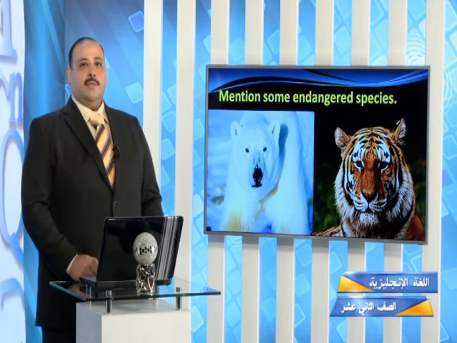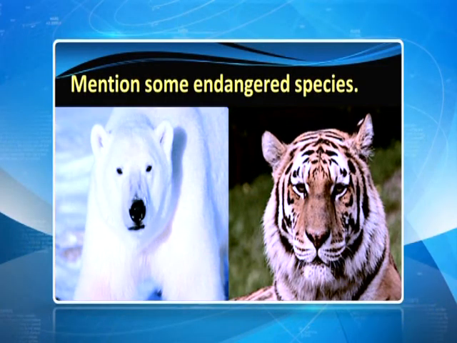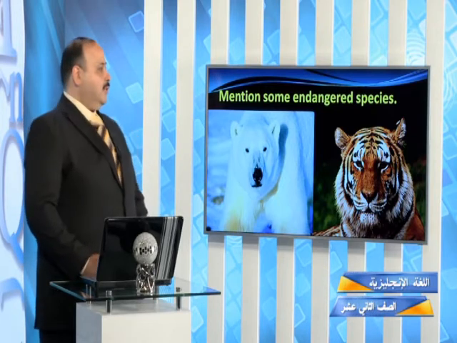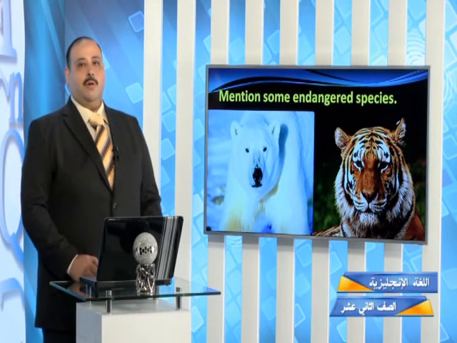Okay, the first question, as you see, mentions some endangered species. When I say endangered species, it means I'm talking about those animals that are facing danger. But what kind of danger? It's the danger of extinction. If you look at the picture, you have the picture of the Siberian tiger and the picture of the polar bear.